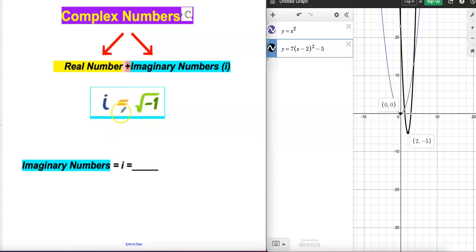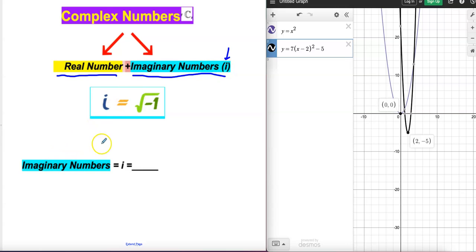When we talk about complex numbers, as you can see, they are made up of a real number plus an imaginary number. This symbol here, a little italicized i, represents imaginary numbers.